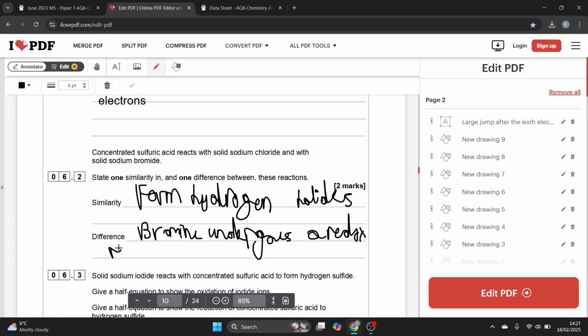Because remember, with the reaction between concentrated sulfuric acid and solid sodium bromide, there's two equations, whereas concentrated sulfuric acid and solid sodium chloride just ends at the first equation. Similarity, they both form hydrogen halides. And the difference, bromine undergoes a redox reaction, whereas chlorine does not.